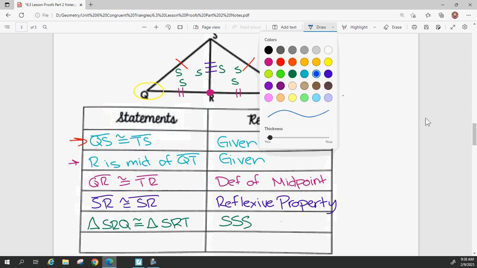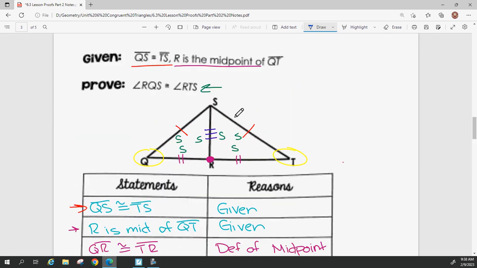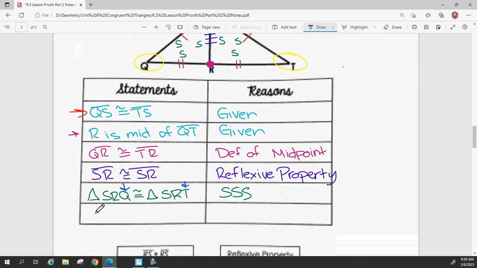Well, because we have shown that the triangles are congruent, and those two angles correspond, Q and T correspond, we can say they're congruent. So you can write it like this. It's also okay to say angle Q is congruent to angle T, because there is only one angle Q and one angle T in these triangles, and we are going to use CPCTC.